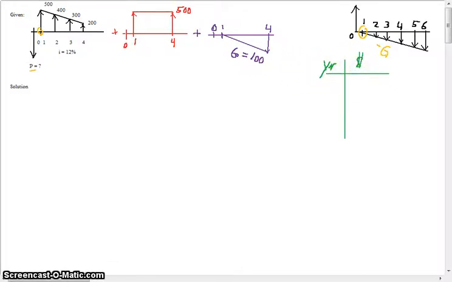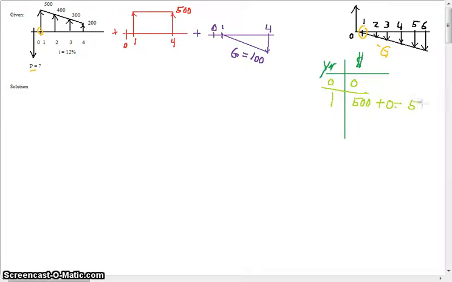In year 0, both the uniform series, the red one, and the gradient have 0 because we're trying to find that value. In year 1, we have 500 from the red plus 0, so that equals 500.